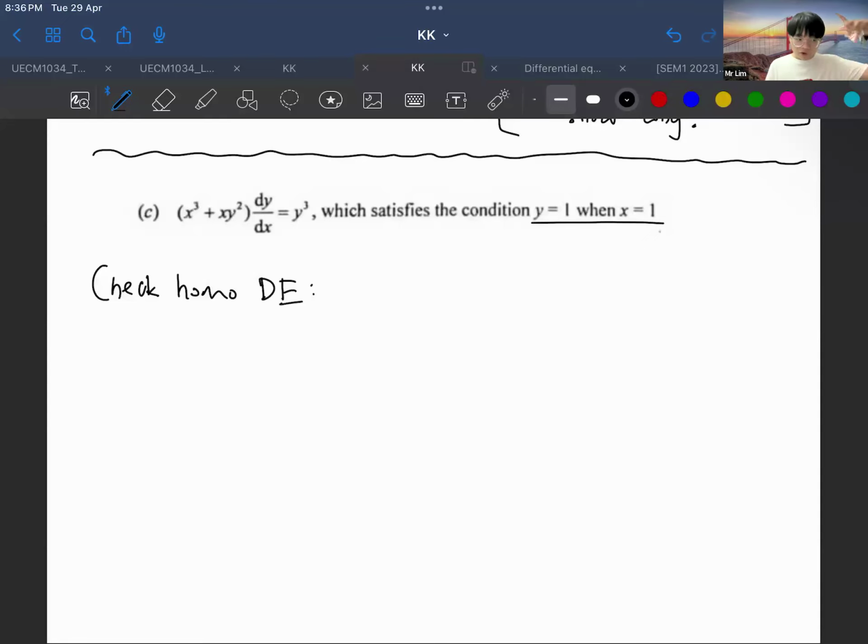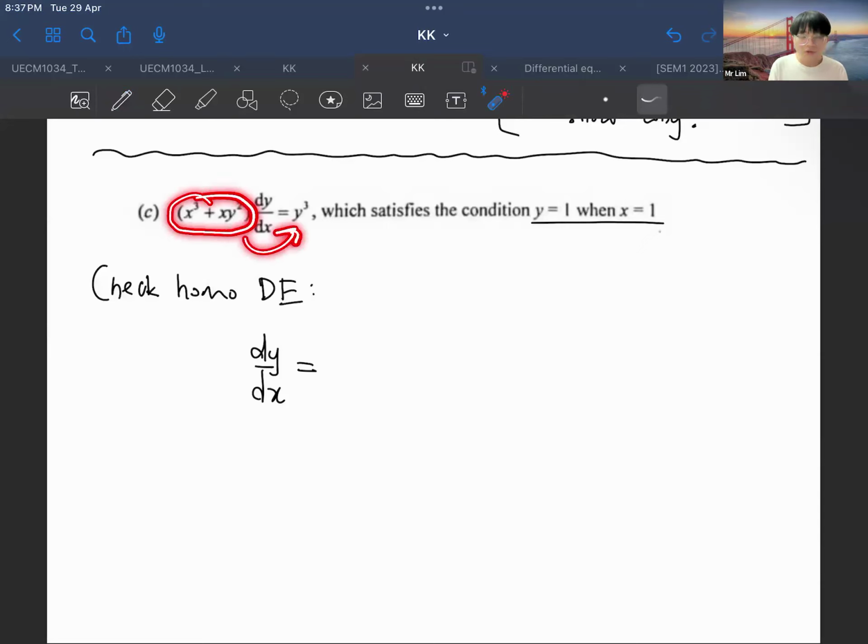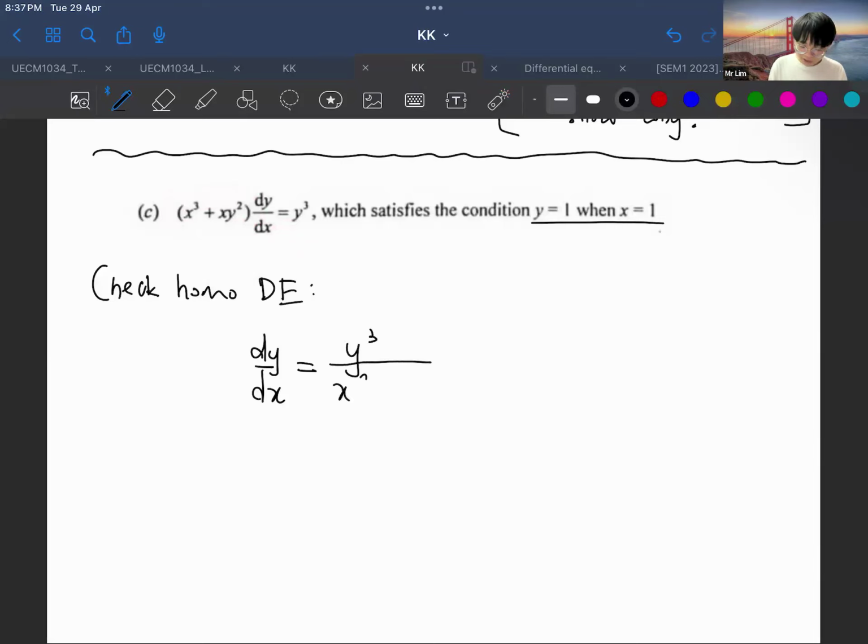According to my method, if you remember, the pattern of the differential equation is that I write the left-hand side containing only dy/dx, and move everything else to the right-hand side. So it becomes y cubed over x cubed plus xy squared.